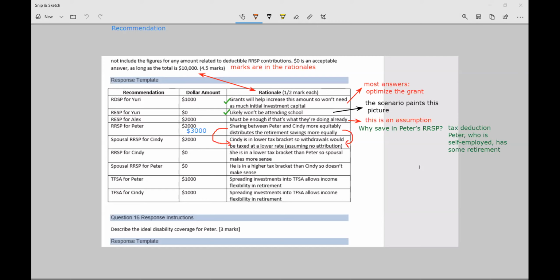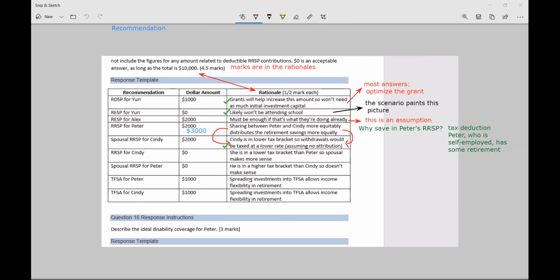Are we okay with the spousal RSP for Cindy? Yeah, I think that's good. I would give that mark.